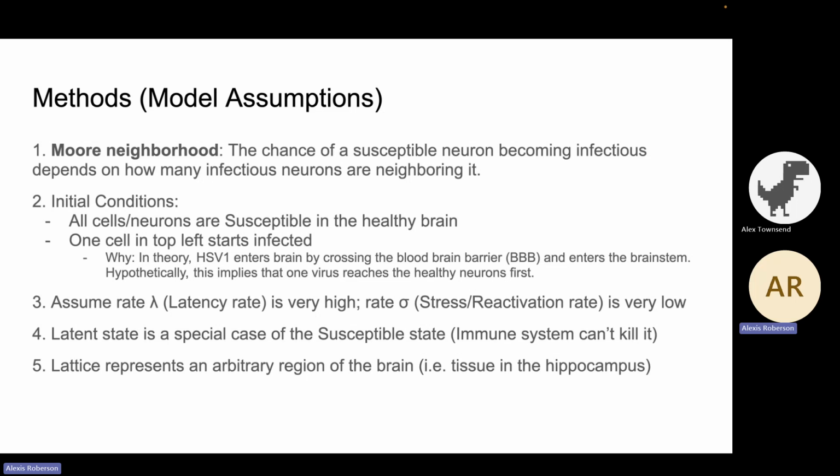Because in theory, when HSV1 enters the brain, it enters via the brainstem, which implies that one virus reaches the healthy neurons first. We assumed a high latency rate but a low reactivation rate. The latent state is a special case of the susceptible state, since the immune system can't kill it. And the lattice represents an arbitrary region of the brain.